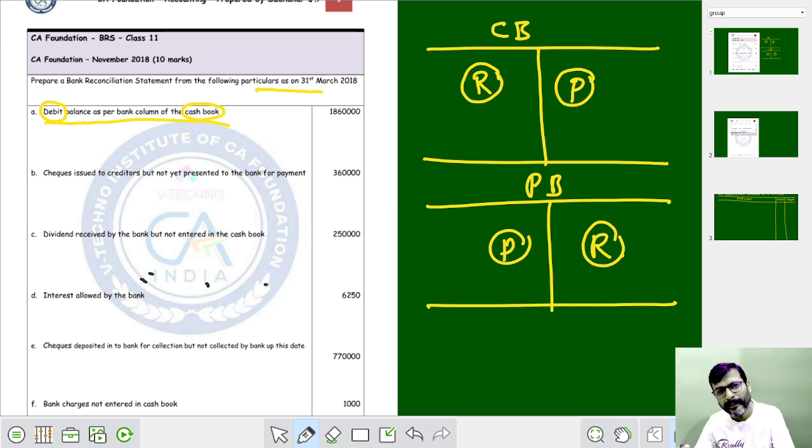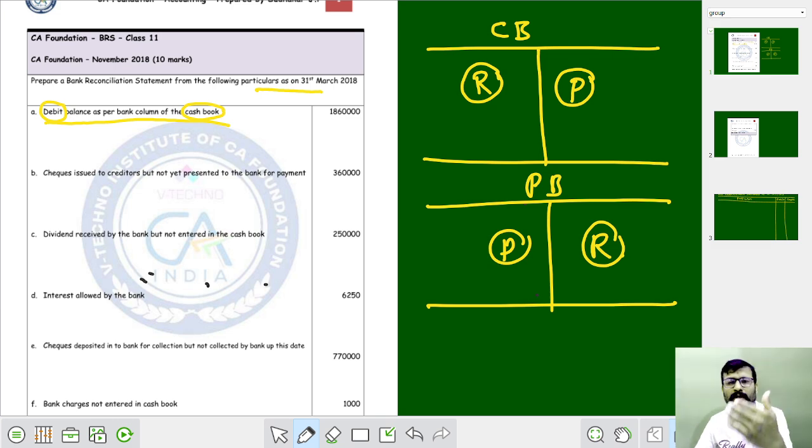When doing BRS, if the transaction is mentioned as debited, you have to take it on the credit side. If it is on the receipt side, we have to take it on the payment side. If it is not on the receipt side, you have to enter it in the receipt side. If the entry is not made in the payment side, we have to make the entry in the payment side. This is fundamental knowledge that you need to remember.